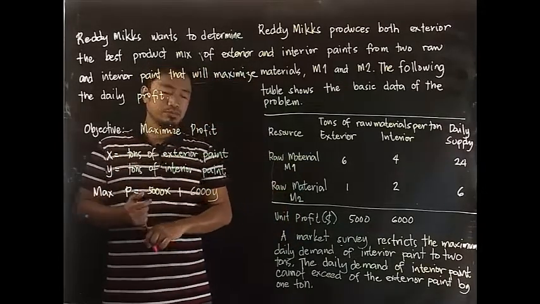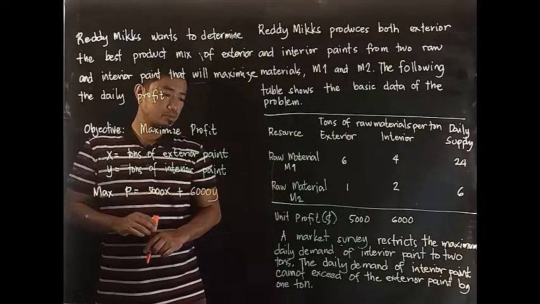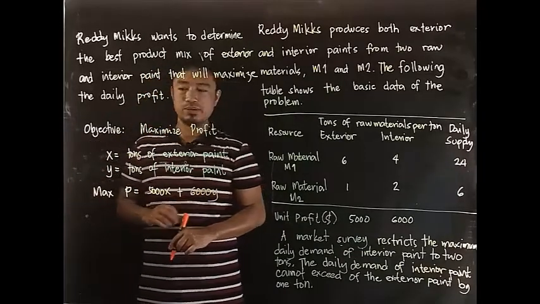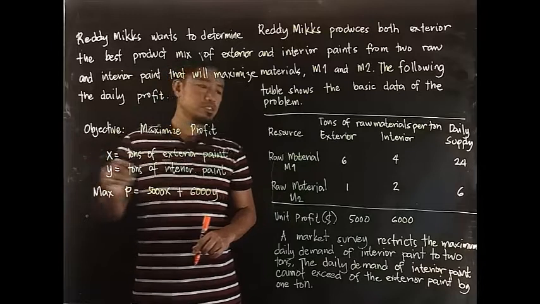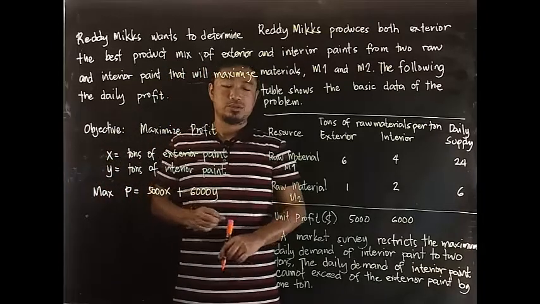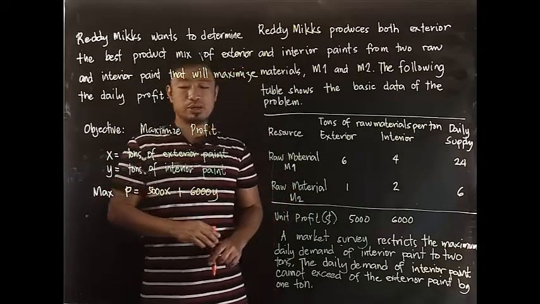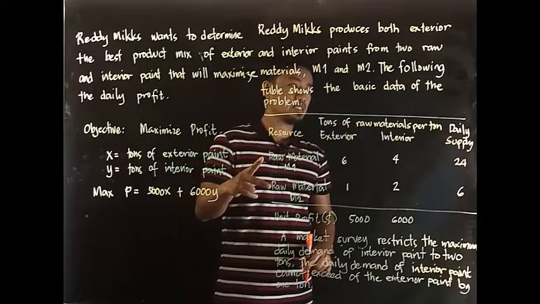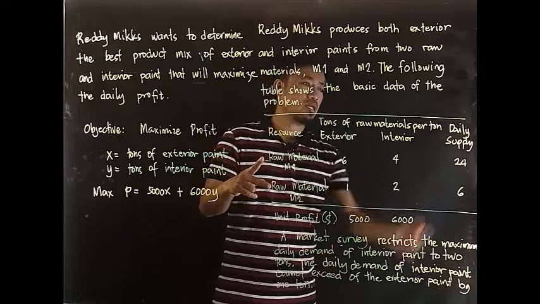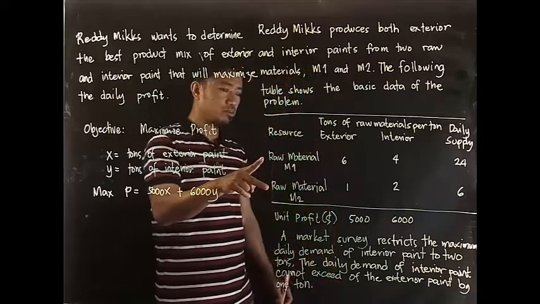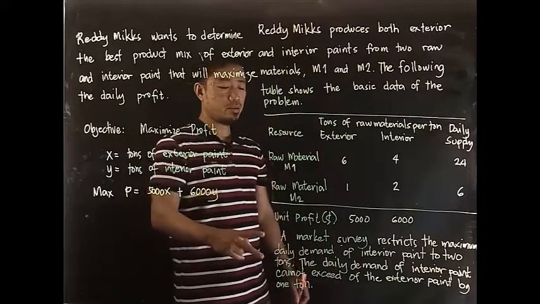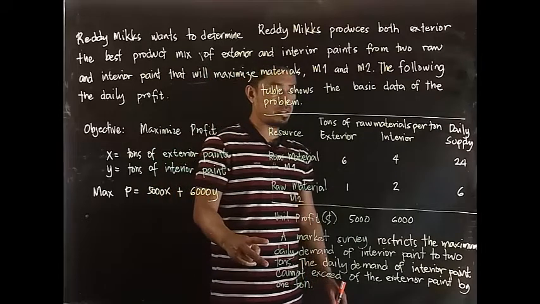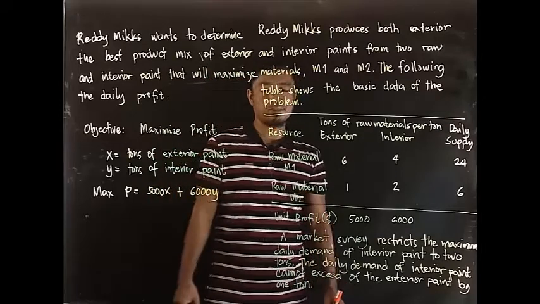At the same time, we're also going to formulate the constraints of the problem using these two decision variables. So we have 4 constraints for this problem, 2 coming from the raw materials based on the maximum daily available supply, and 2 coming from the daily demand of the interior and exterior paint.